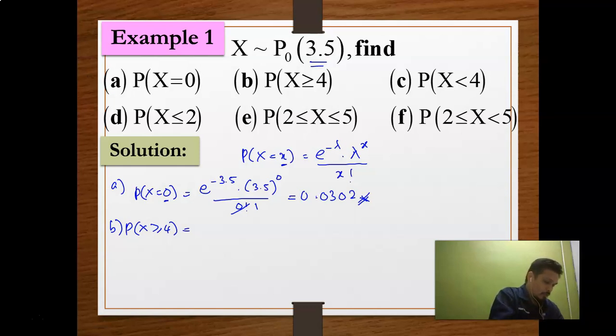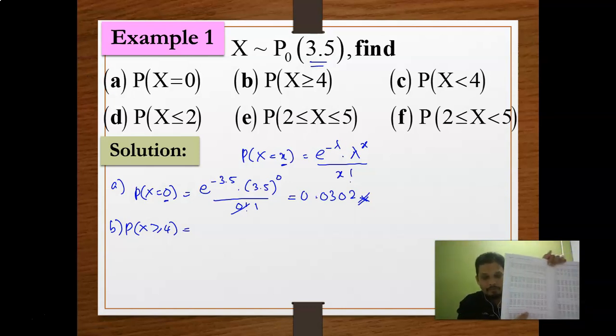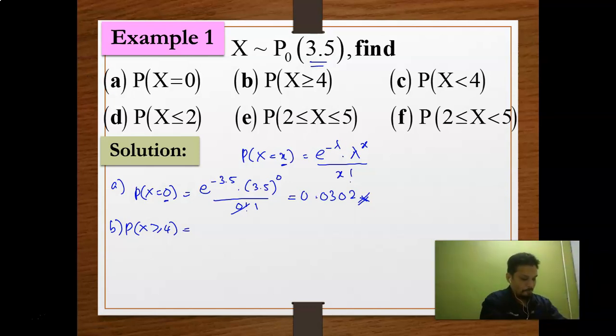Look at this: this is lambda equal to 3.5, and r equal to 4. So we get it here: it is 0.4634.